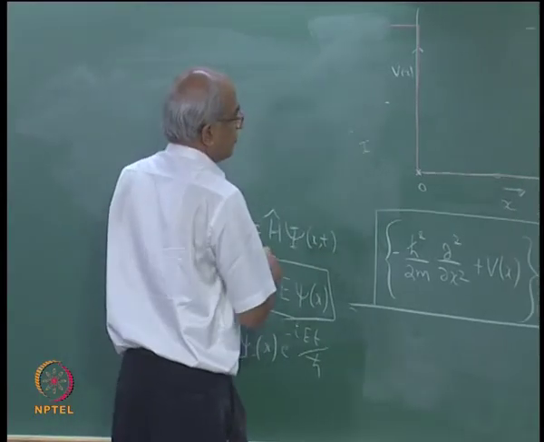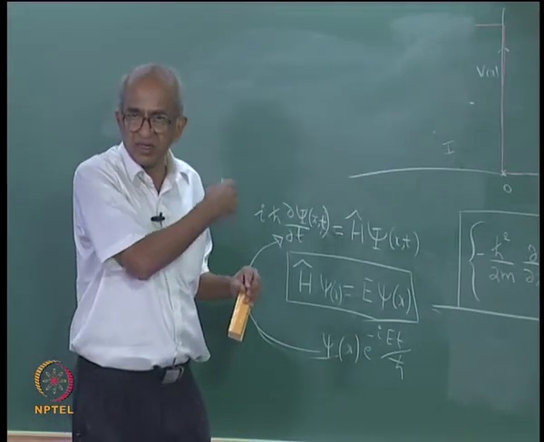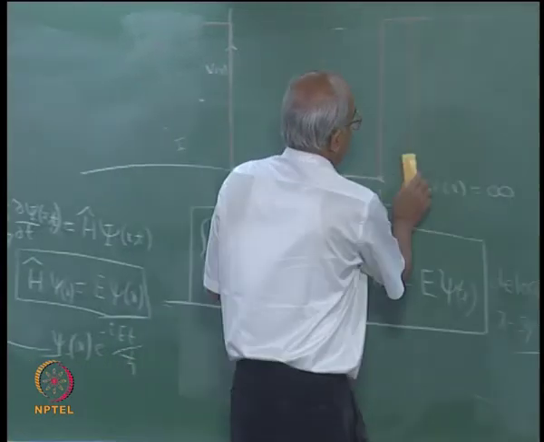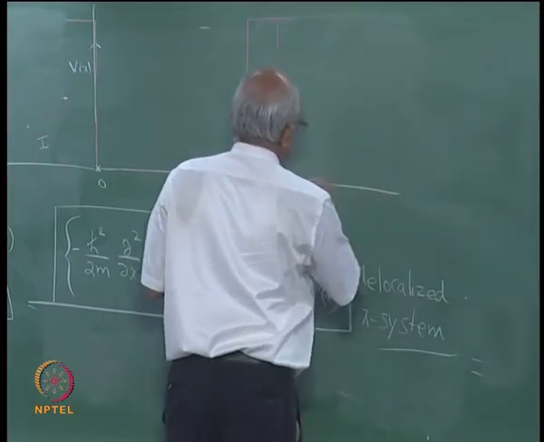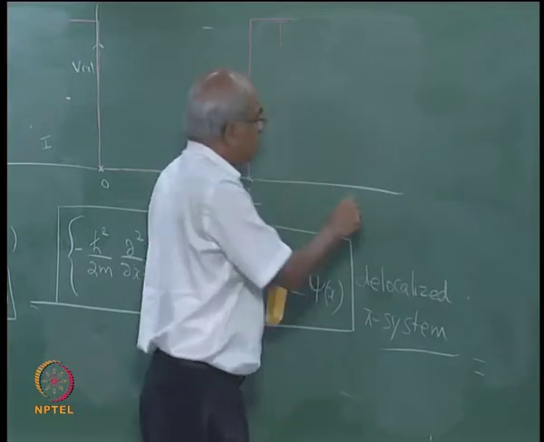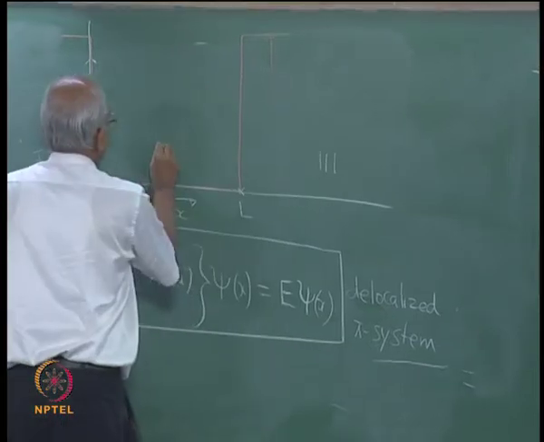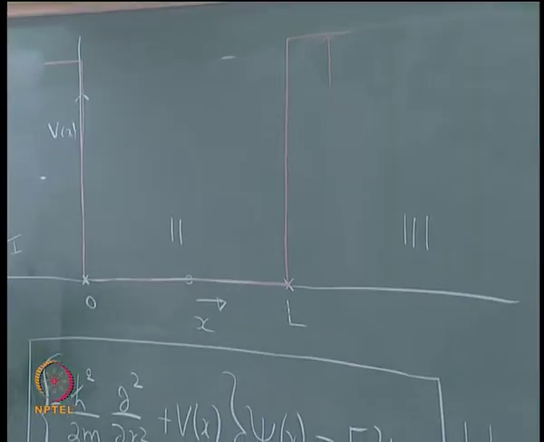This is region 1. What is region 1? It is the region where x is less than 0; the particle, if it exists there, is outside the box. Further, this region to the right side of the box, I shall refer to as region 3, while the region within the box itself I shall refer to as region 2, and we are going to solve this equation.